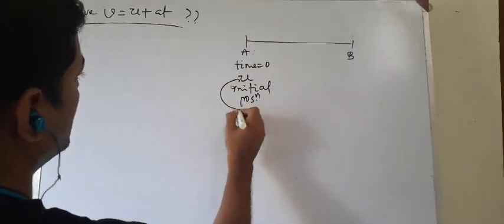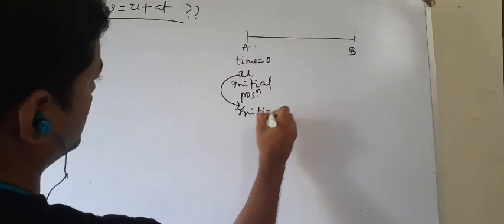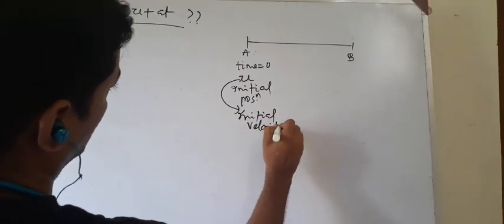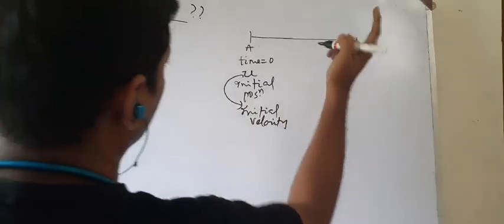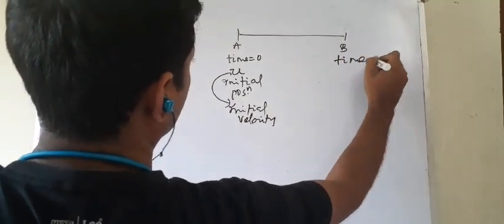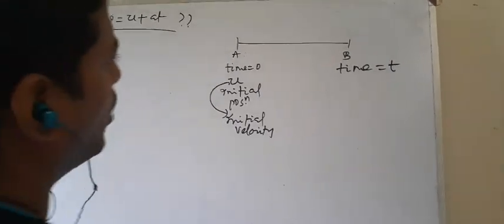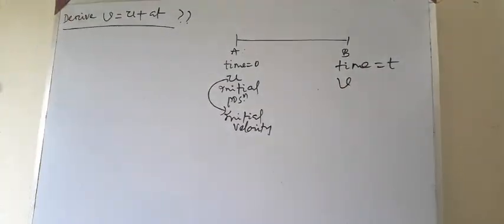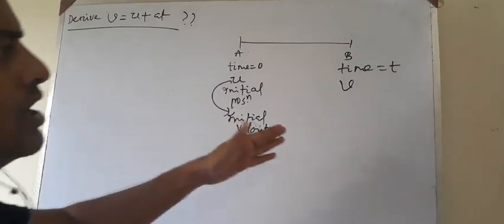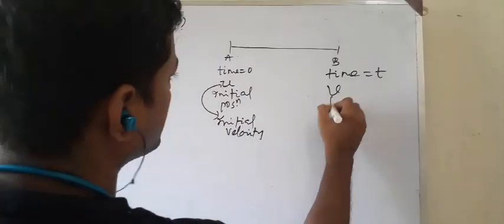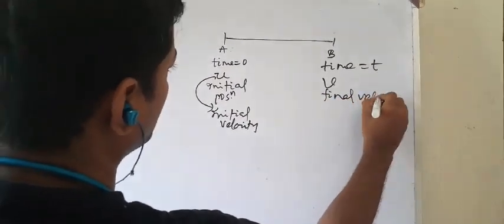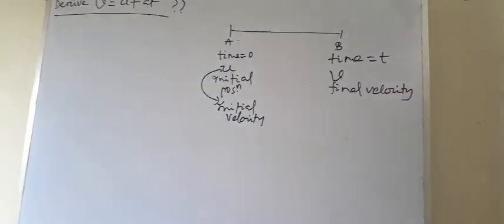So here u is the initial velocity. Let's say in going from A to B, your father or mother takes t minutes or t seconds, or t unit time. Now let's say her or his velocity at time t is v. So I can take v as the final velocity. Let's say it's the final position. So what does it mean?